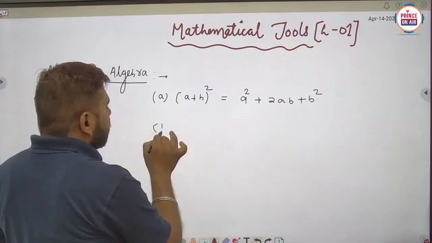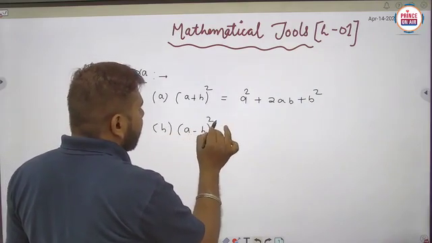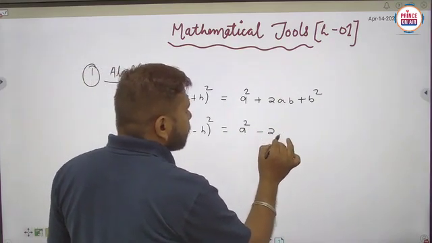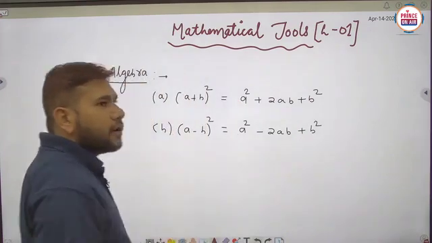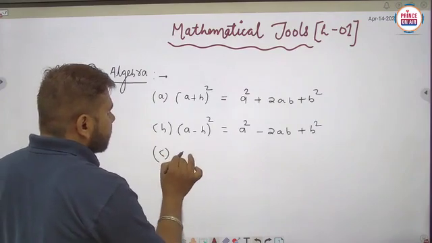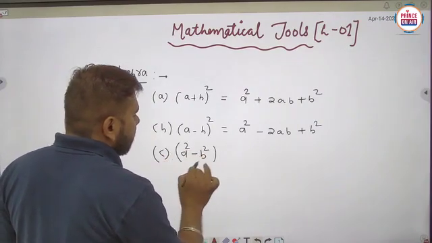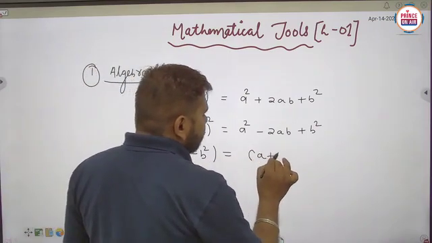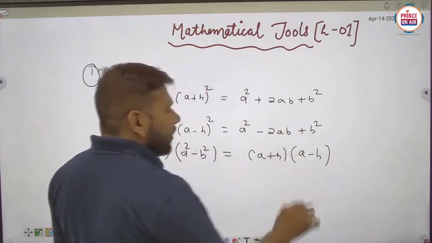The second formula is (a - b) whole square, that is equal to a square minus 2ab plus b square. Clear? The third formula is a square minus b square, that is equal to (a + b) into (a - b).